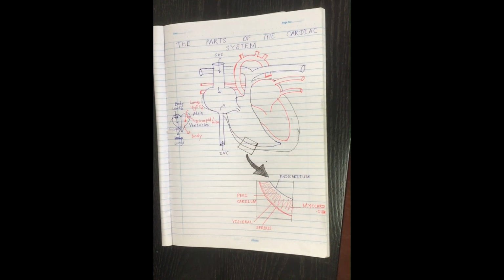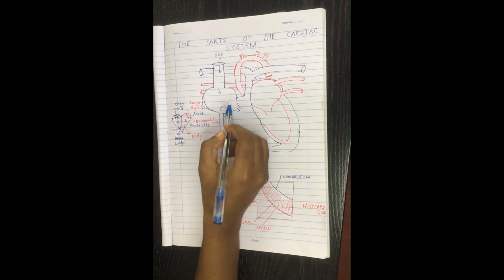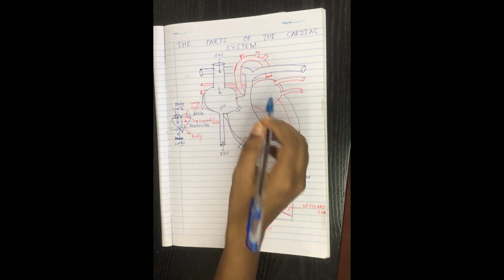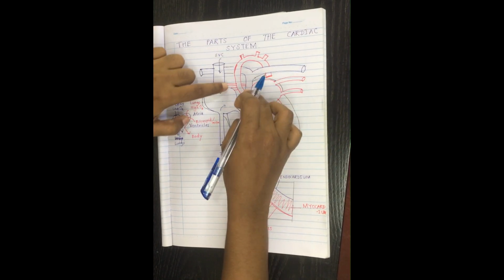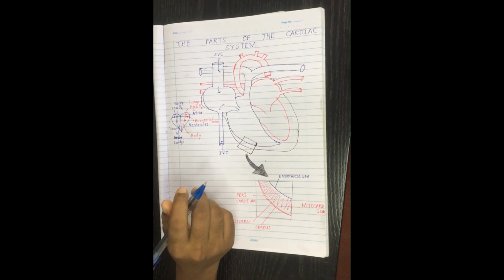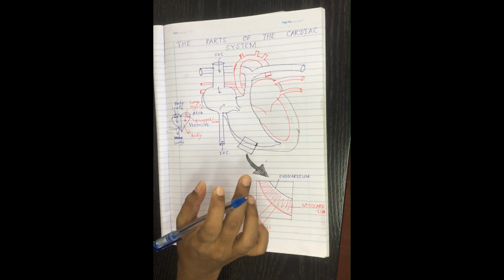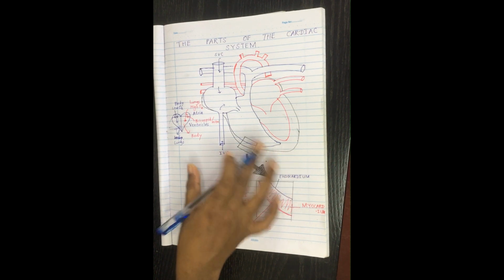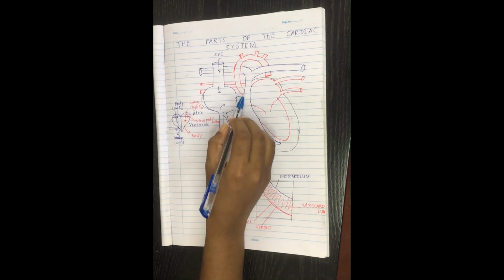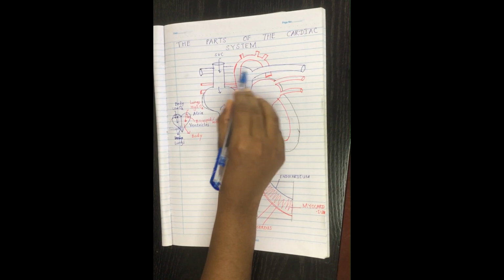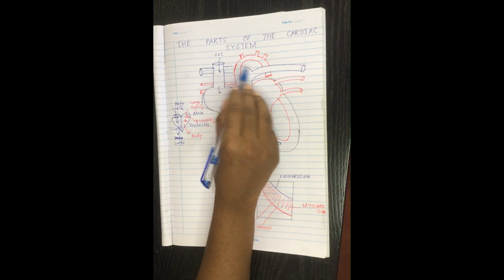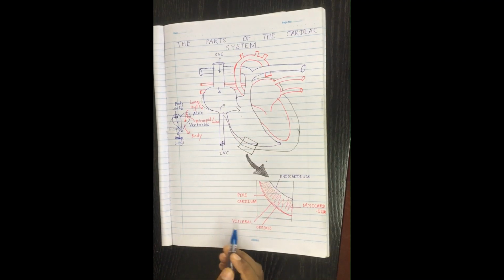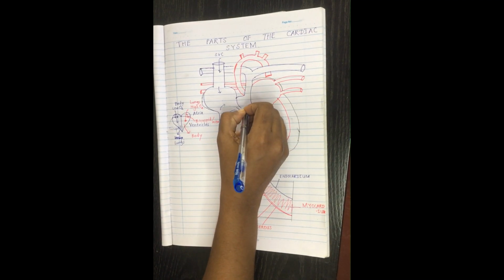You might be confused about why I am saying pulmonary trunk. Pulmonary means lungs. If you look at these branches and this trunk, you might get an insight that it looks like a tree. So this is the trunk of the tree, and these two blue colored things are the branches of the tree.